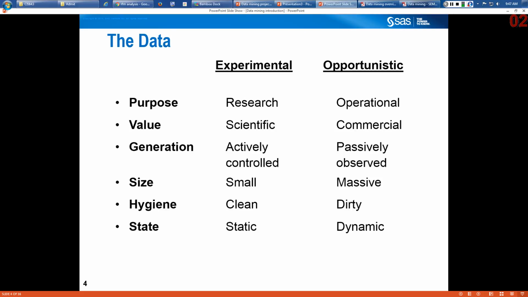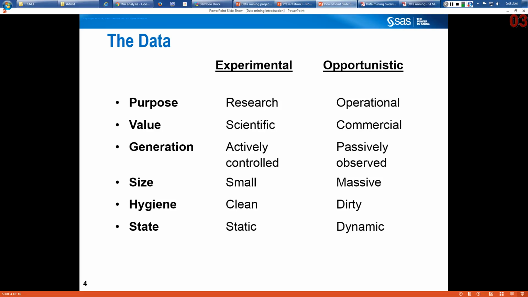Now, data mining is sort of similar to experimental research, but there are some big differences in the way the data will be collected and used when comparing data mining to experiments or academic research. In experimental analysis, the purpose is research and coming up with support for new theories, whereas in data mining the purpose is operational: we simply want to improve the business processes, add more value and so on.